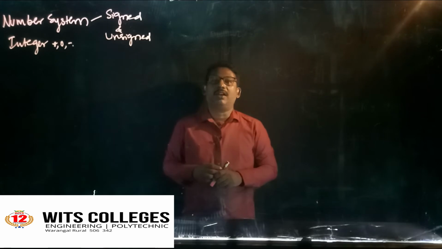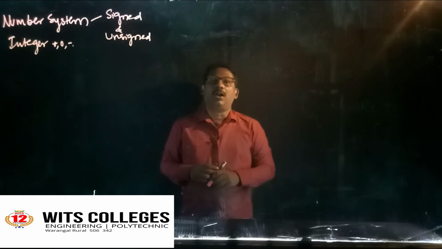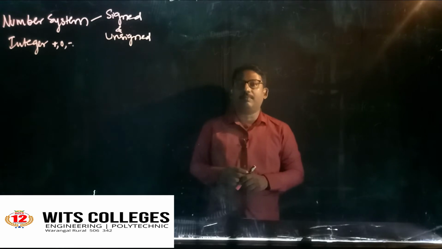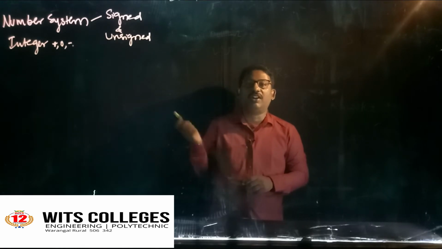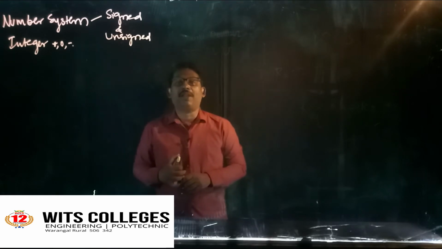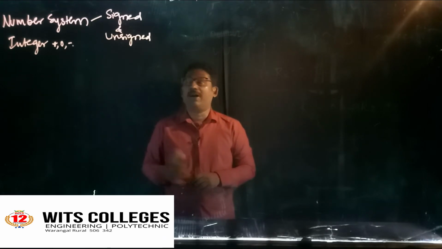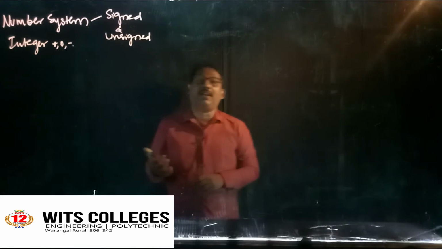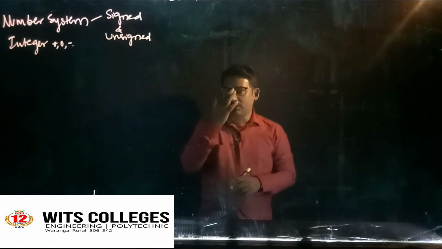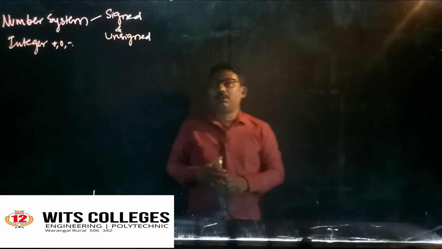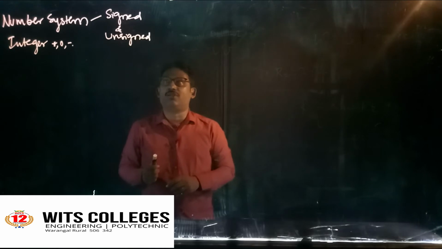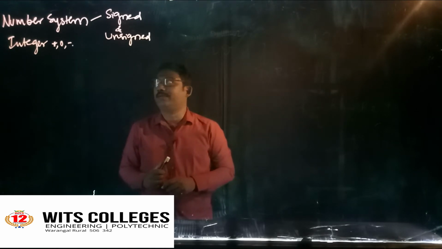Generally, positive decimal numbers are unsigned; before a positive number we won't keep plus or minus. But in the number system we also have binary and other number systems, so to handle this, representation is signed and unsigned.